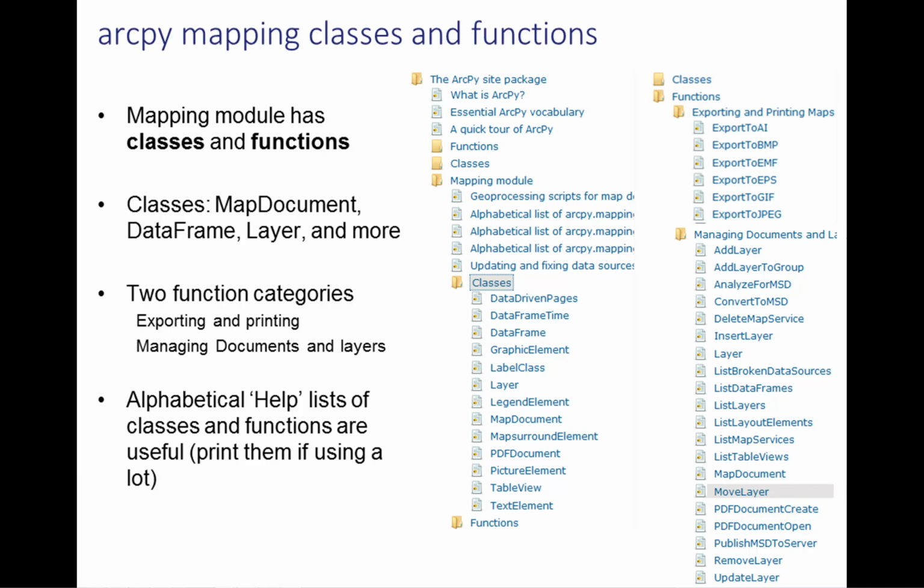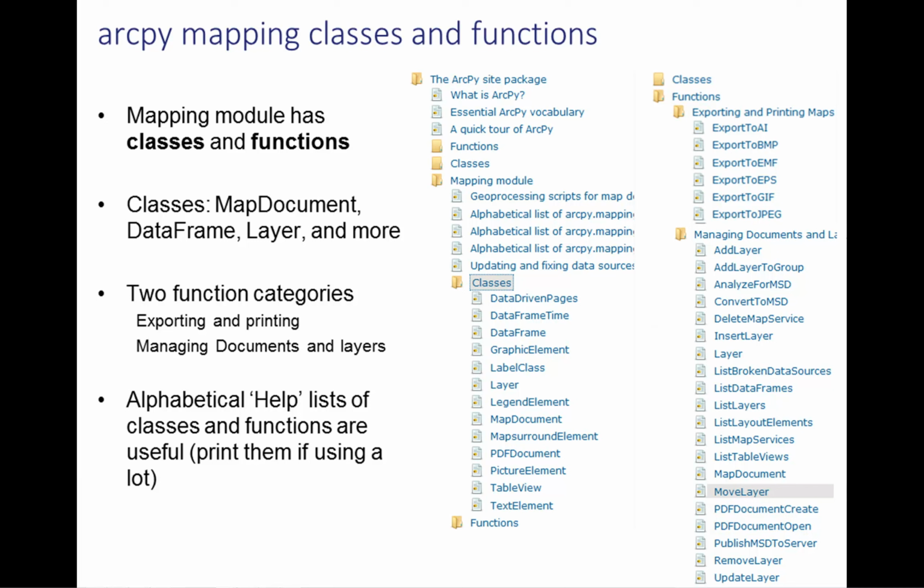The classes include a MapDocument, a DataFrame class, a layer class, and many others. The functions are grouped into two categories: functions for exporting and printing the map, and then the other category is for managing documents and layers.